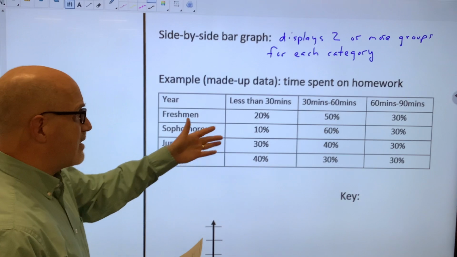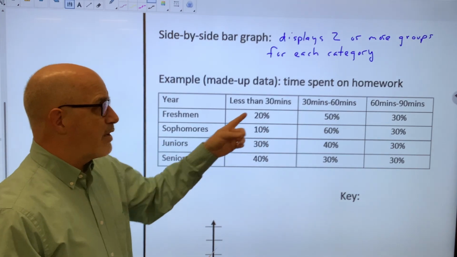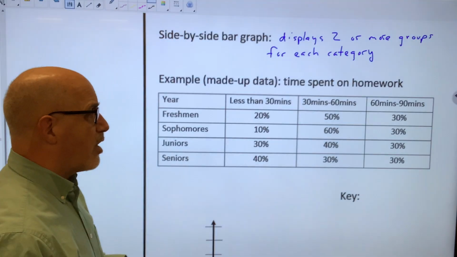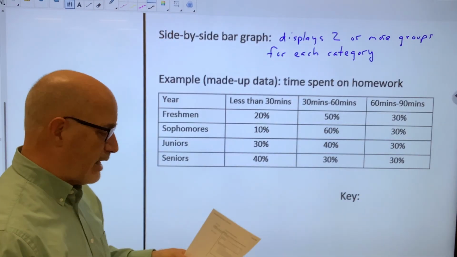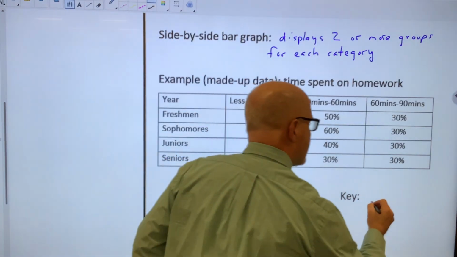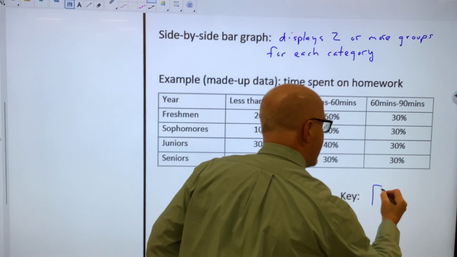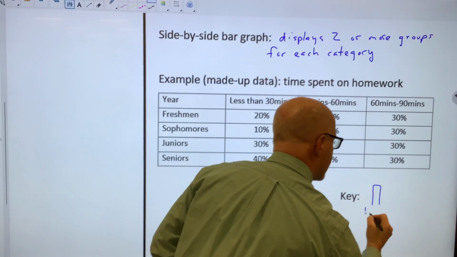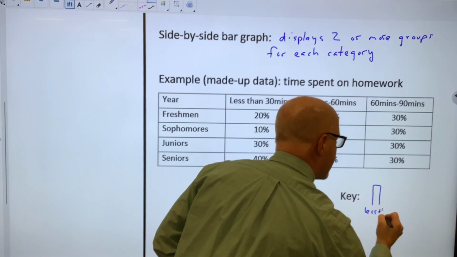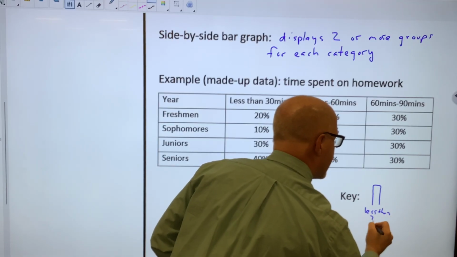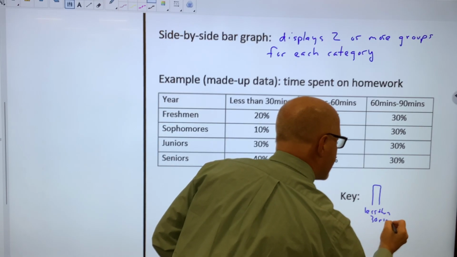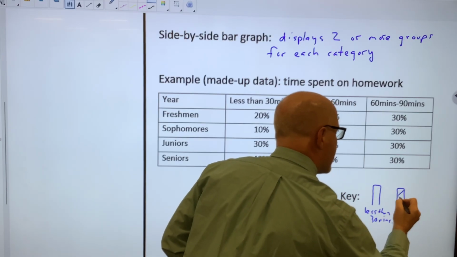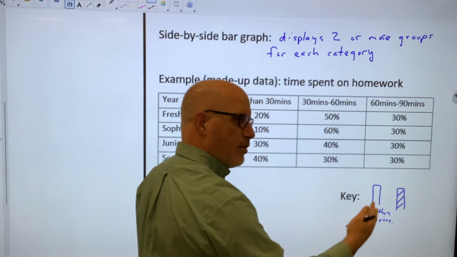Now, because this has 3 different possibilities for each category here, I'm going to draw a key for how I'm going to represent that. So for instance, if I just have a bar that doesn't have any filling in it, this will be for the less than 30 minutes. Now if I take the bar instead and I put cross-hatching in it, that's a little bit further in.